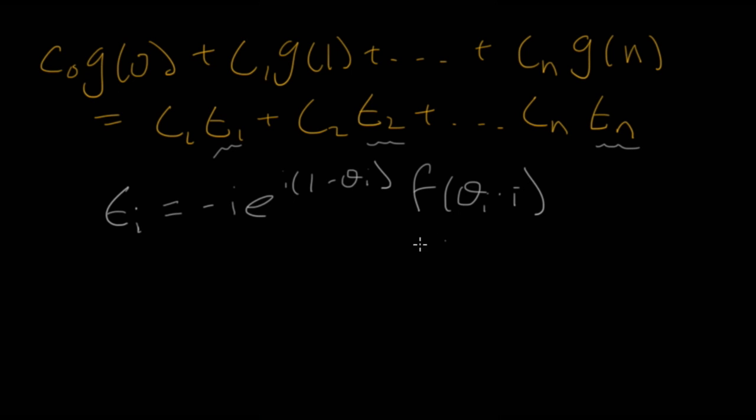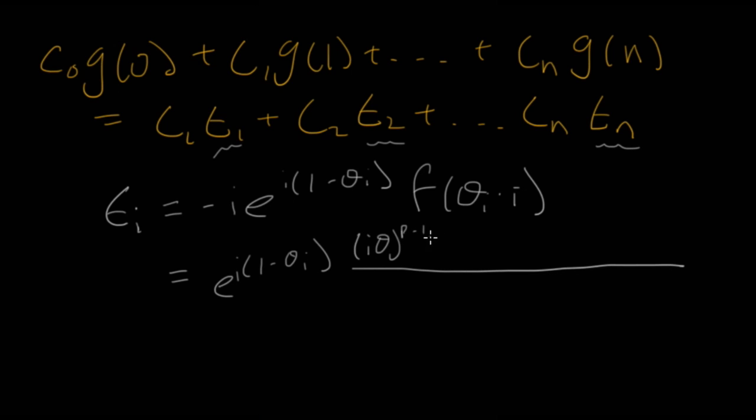And so now if we actually substitute what we've defined f of x to be, we get e to the i of 1 minus theta i times i theta p minus 1, 1 minus i theta p minus 2 minus i theta p all the way to n minus i theta p.